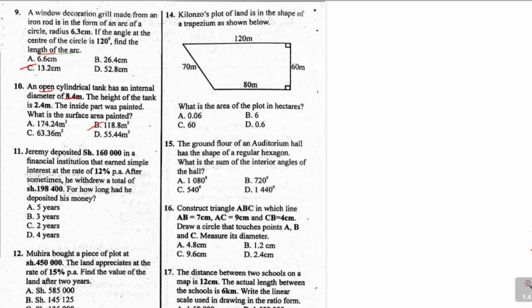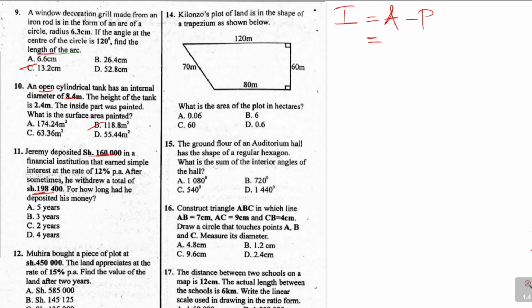So for us to get this, first of all, one thing that we can get here is the interest. He deposited 160,000, and then at the end of that period, which you don't know, he was able to get 198,400. So we can get the interest. Interest is given by the amount at the end of the period, then you subtract the initial amount that was deposited. So you can see there's a difference.